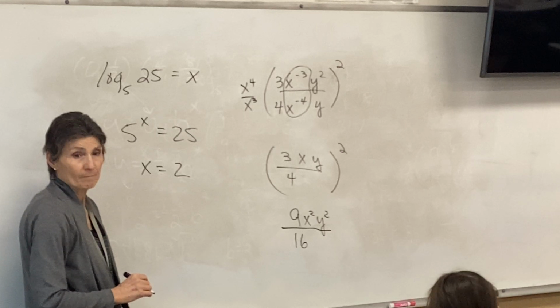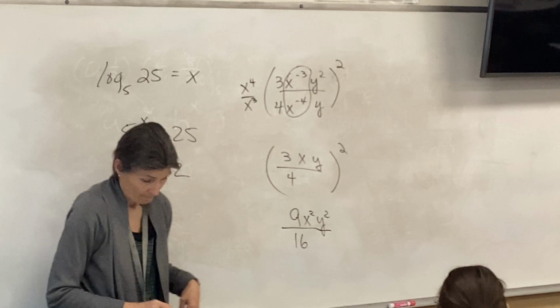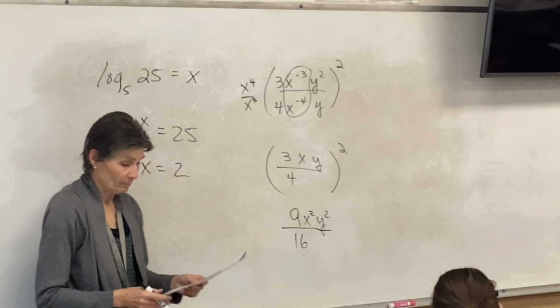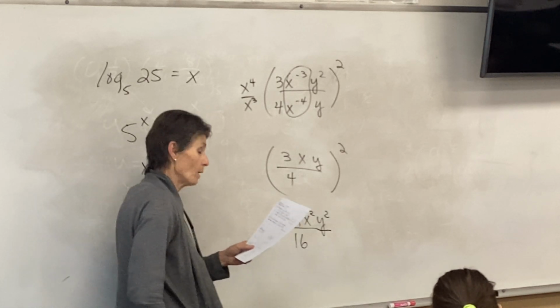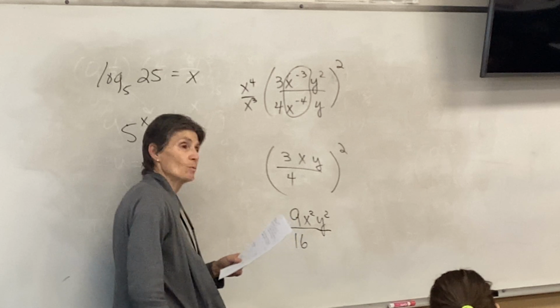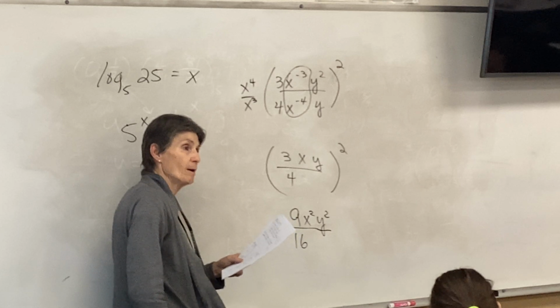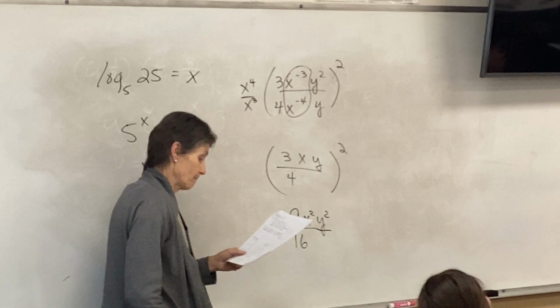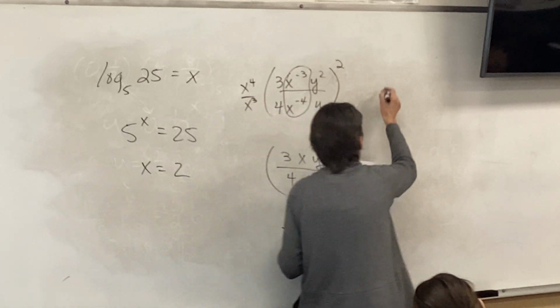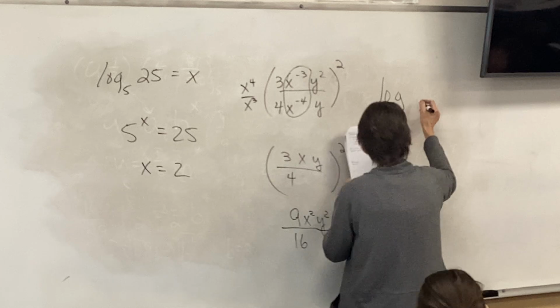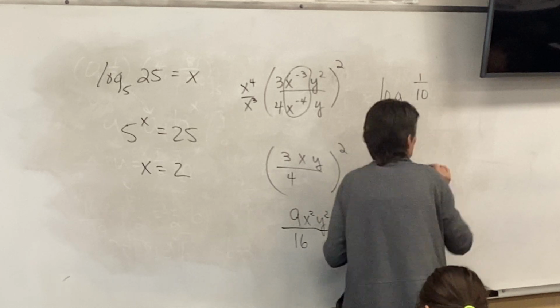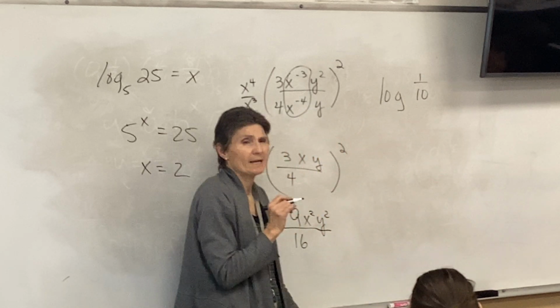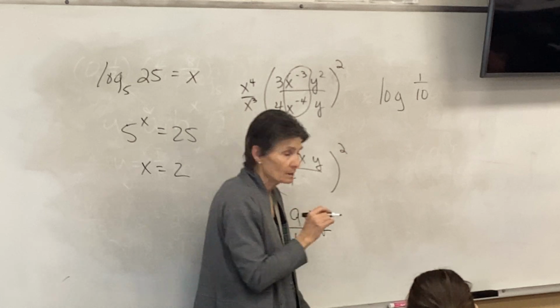You okay? G? 12. That's another one of those crazy canceling problems, guys. The answer to G is 12. H is another problem with a logarithm that I'd love to loop-de-loo.